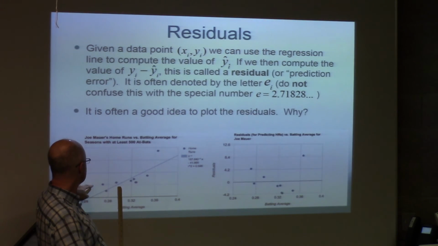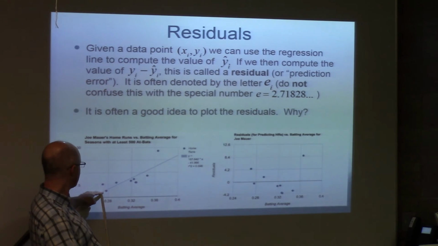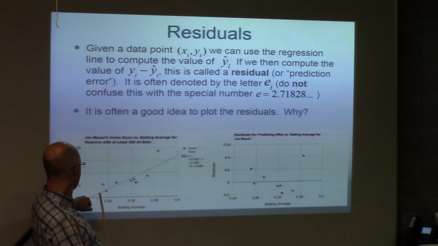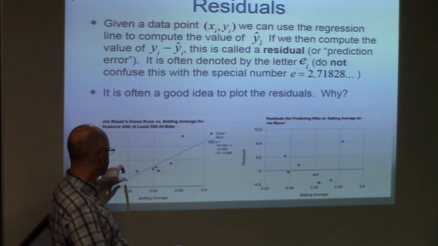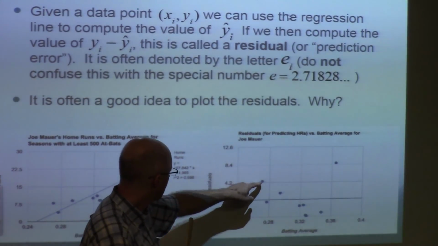In fact, I think it was 8. And the corresponding yi hat is the second coordinate of this point on the regression line. That point has a second coordinate around 3 or something. 8 minus 3 is 5. This first residual should be close to 5. And it is, perhaps more like 4.5, but close to 5 up there.